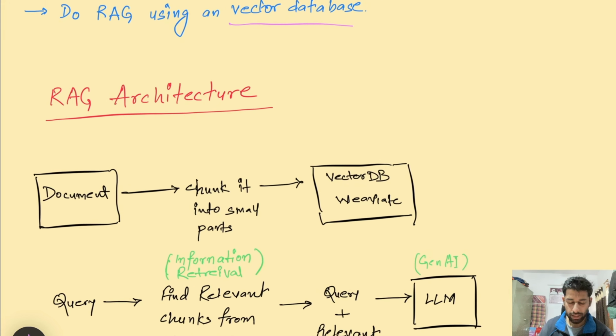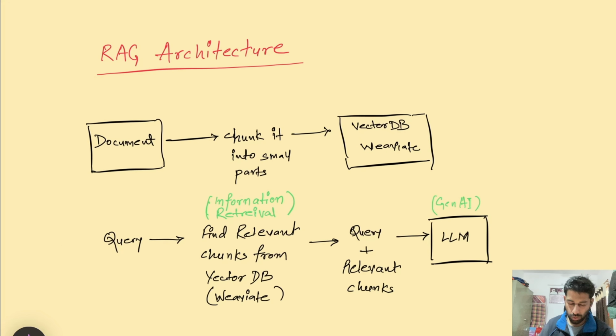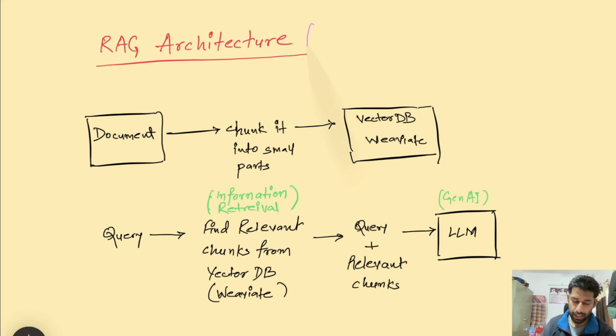Now let's look at the RAG architecture and how this retrieval of relevant pages or information comes in. In the RAG architecture, we are going to use a vector database. To perform search on a book which is very recent or on your private documents, what we first have to do is store it in a database, and that database is our vector database.